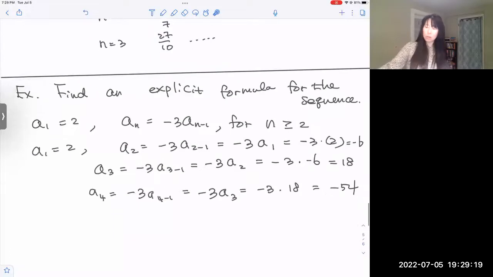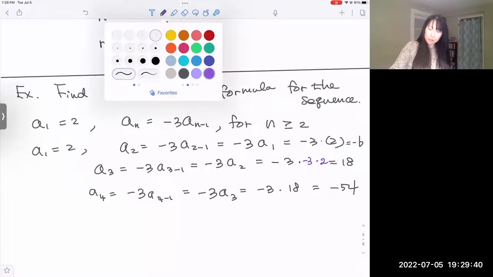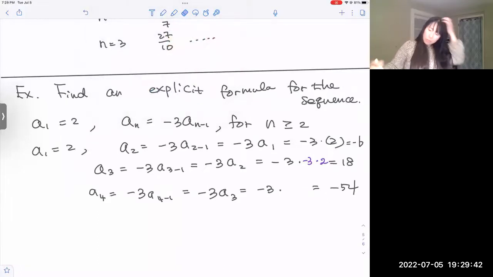Then it's better we have a nice form. So look, I want to write negative 6 as negative 3 times 2. And 18, can I do that? Negative 3 times negative 3 times 2?